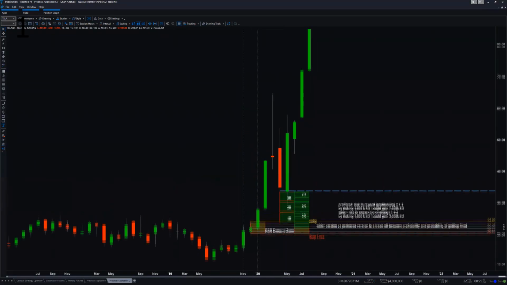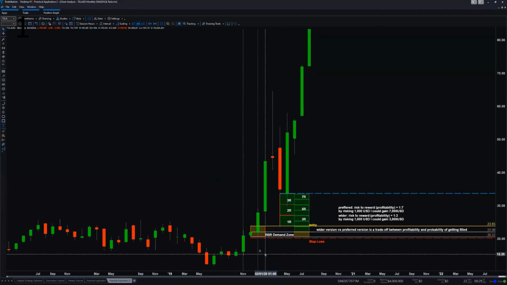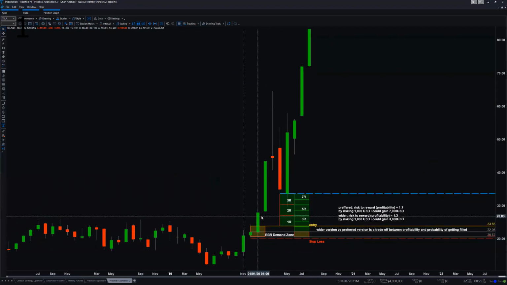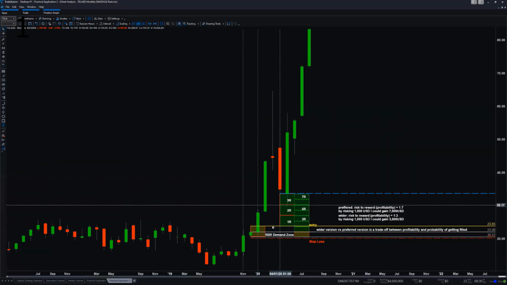The key takeaway here is what we're doing is we're backtesting a formation that consists of all the rules that are applicable. We have an explosive leg out, we have a clear basing candle, and we have a nice leg in as well. As we're backtesting our supply and demand zones, we can see that, hey, they're working.